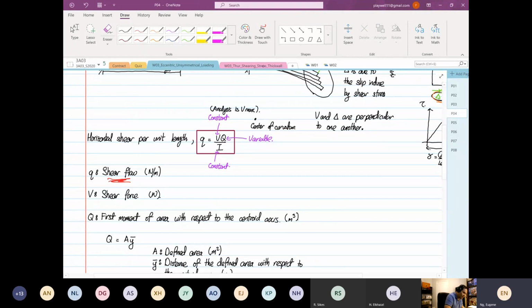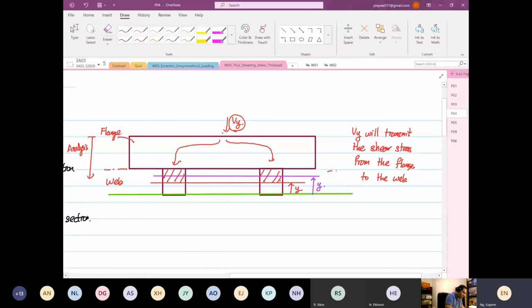So the analysis will start from the max and come in. Okay, so that's why you have to include the area of the flange, the first moment of area of the flange. But the good news is this: the first moment area of the flange when analyzing the web is a what? Constant. Why is this a constant? And I'll write to you why.